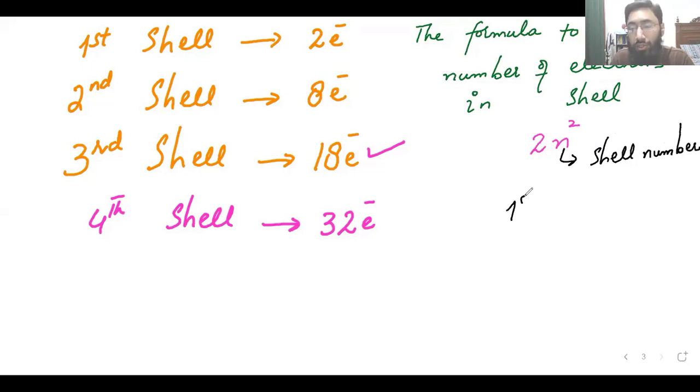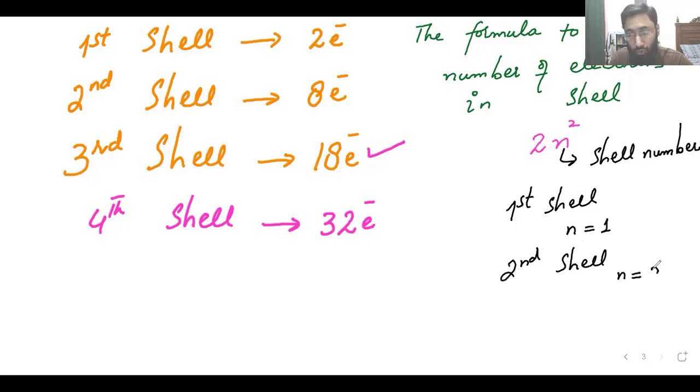Like for the first shell, n is equal to 1. The value of n for the first shell is equal to 1. For the second shell, the value of n is equal to 2.